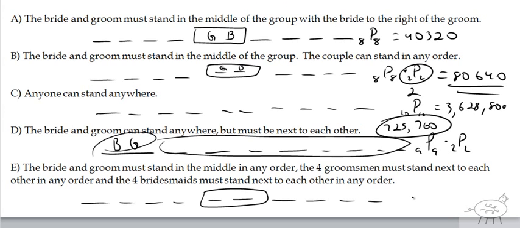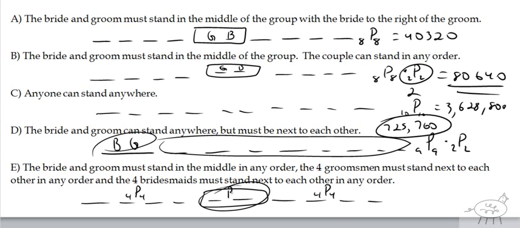So here's the deal. This 4 set of slots here is 4p4. Because they can't just stand anywhere. It's the groomsmen have to stand in a certain place. The bridesmaids have to stand in a certain place. They have to stand in the middle, so this is not a slot here. But what do you have here? Okay, that's 2p2, right?